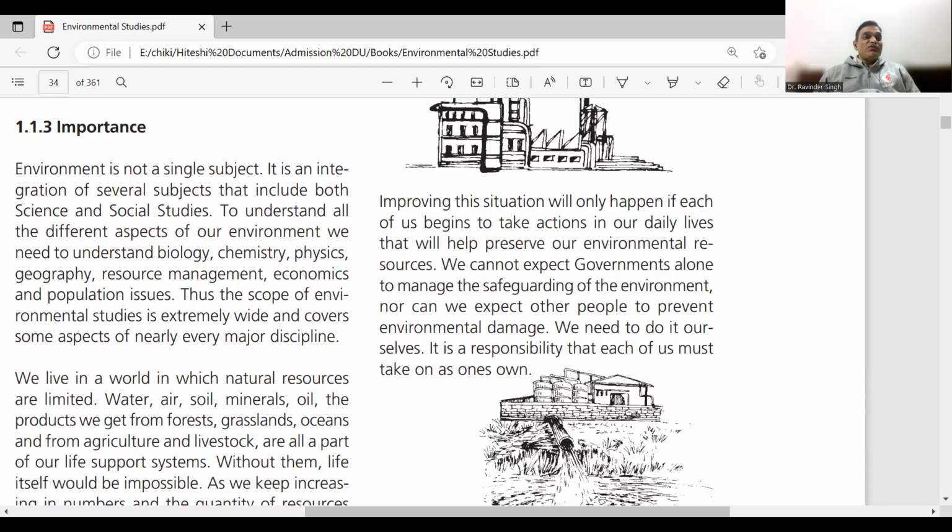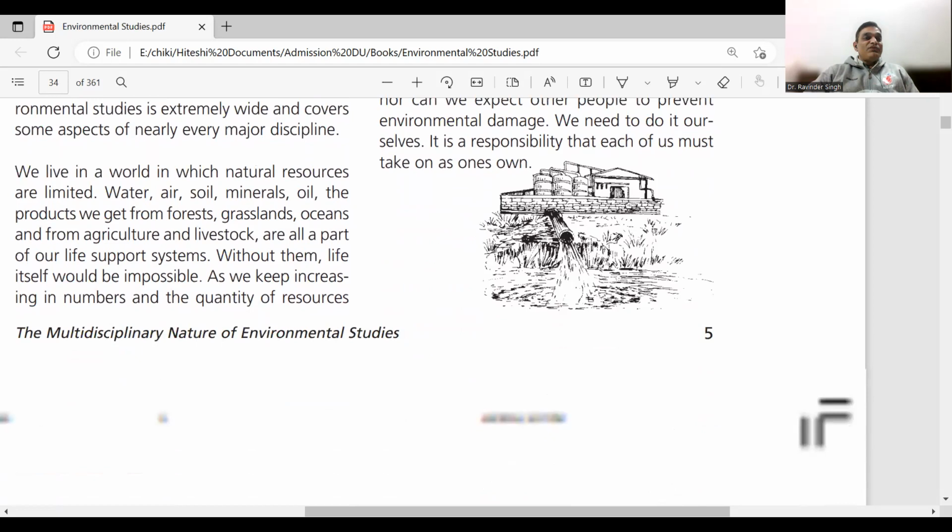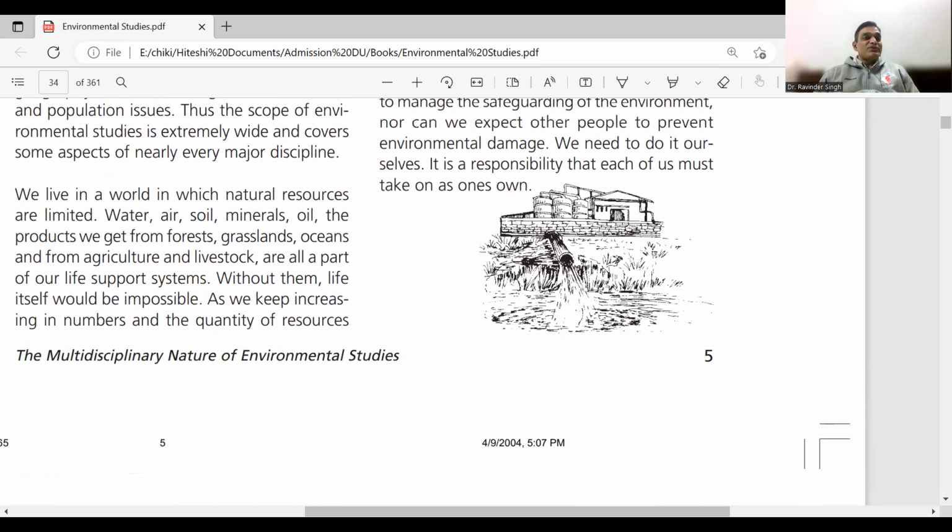Thus, the scope of environmental studies is extremely wide and covers some aspects of nearly every major discipline. We live in a world in which natural resources are limited: water, air, soil, minerals, oils, the products we get from forest, grassland, oceans, and from agriculture and livestock are all a part of our life support systems. Without them, life itself would be impossible.